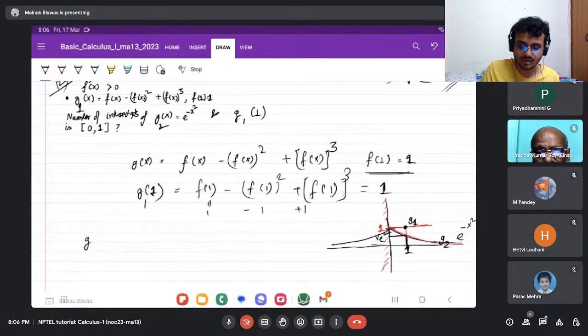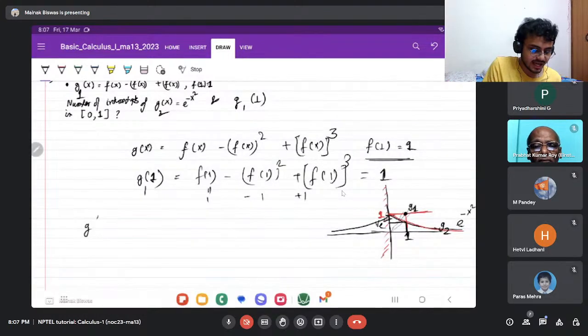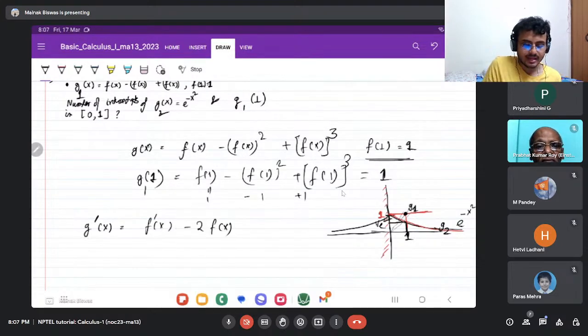If it is increasing from 0, there will be a point of intersection. Let's see. g dash x is f dash x minus 2 f x f dash x plus 3 f x squared f dash x.